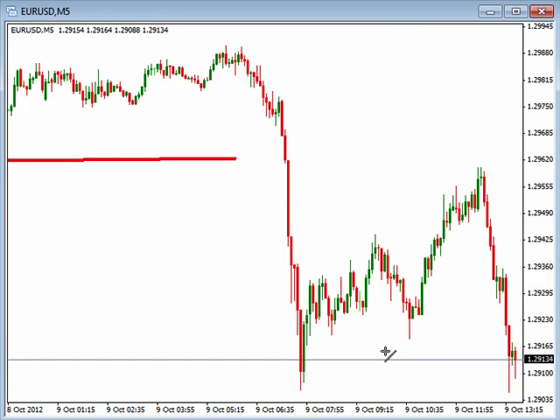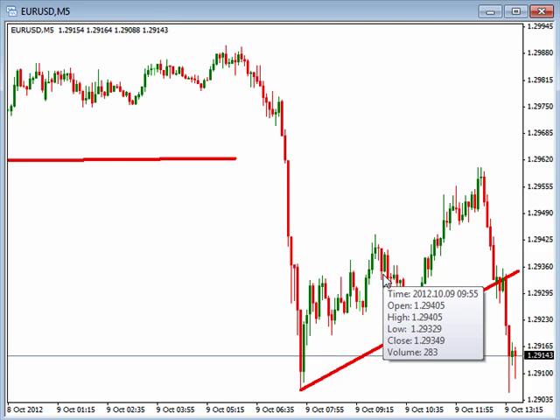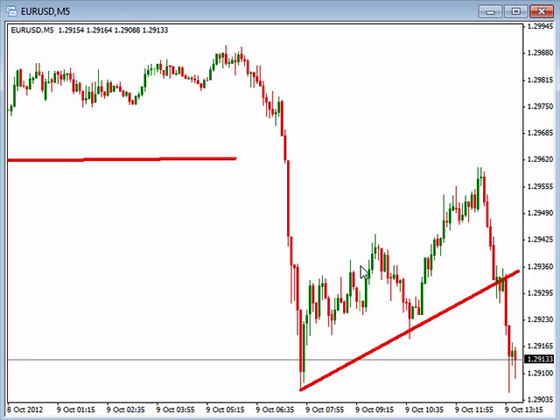One is the trend, so determining the direction that things are going. Are they moving up? Are they moving down? And then also where we see levels of support or resistance being developed. And if we see support or resistance being developed, then we can know that we're sitting at the proper location for a trade setup.